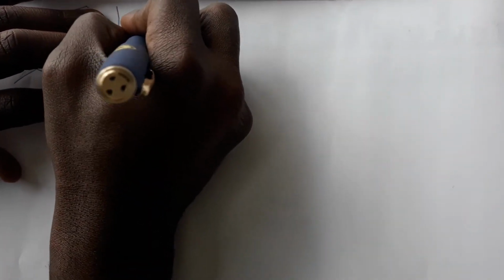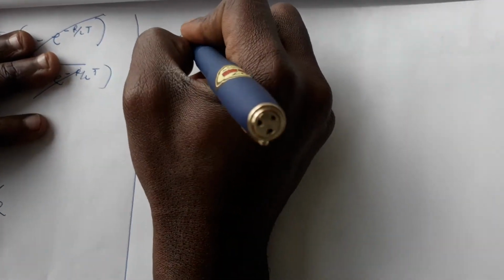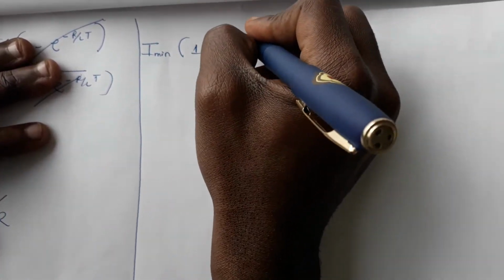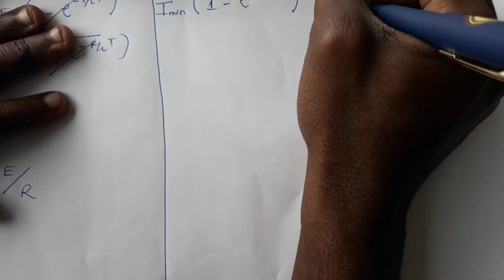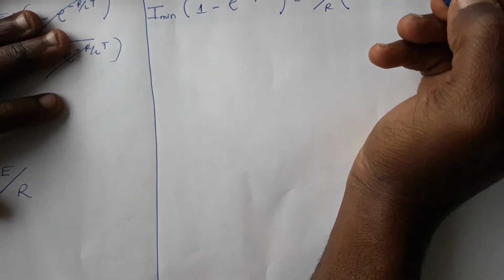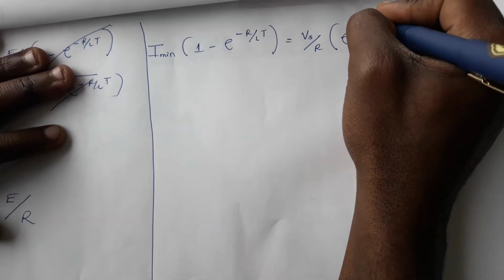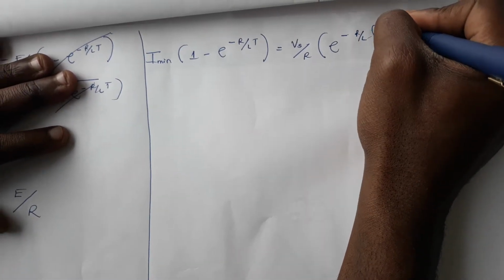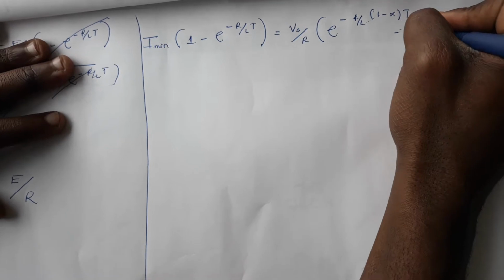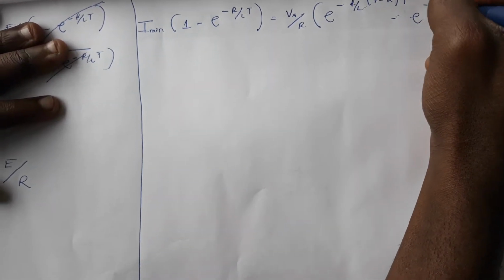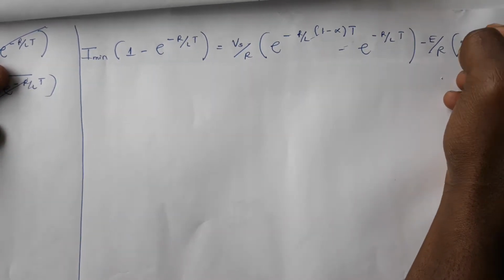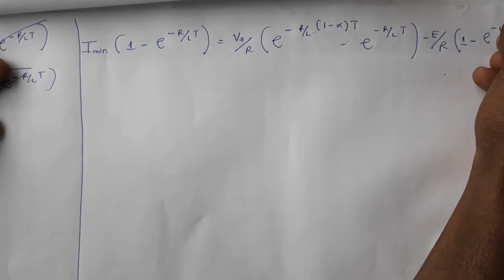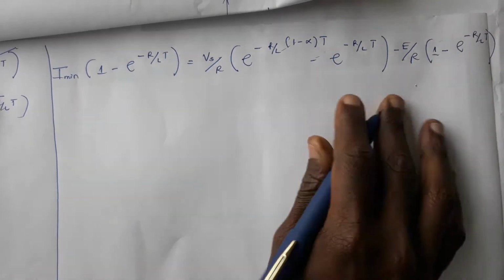So our expression now becomes Imin times (1 minus exponential minus R over L T) is equal to Vs over R, so we can take the terms of Vs over R together, (exponential minus R over L (1 minus alpha) T minus exponential minus R over L T), minus E over R times (1 minus exponential minus R over L T). Fine?